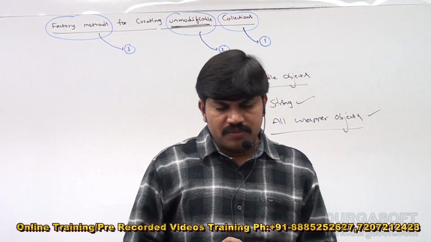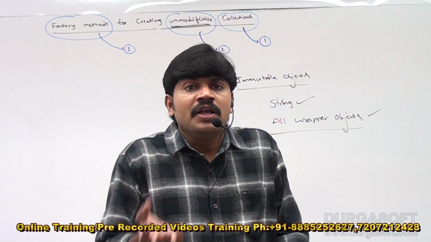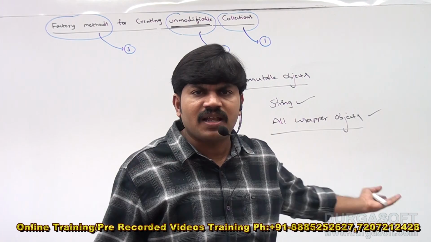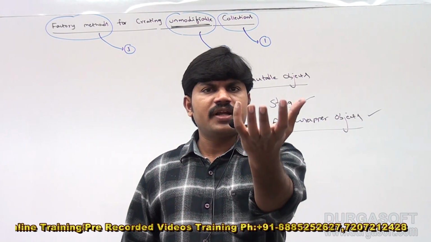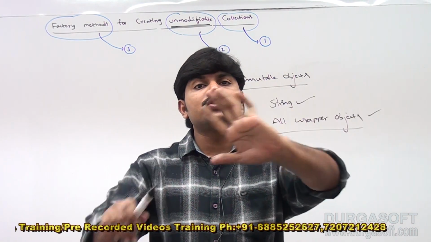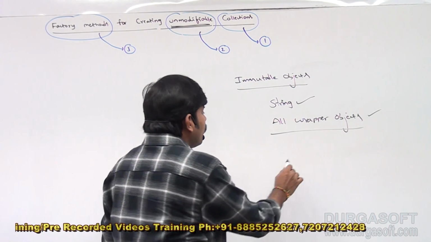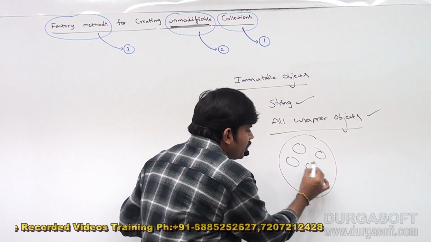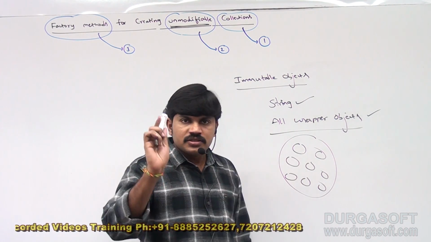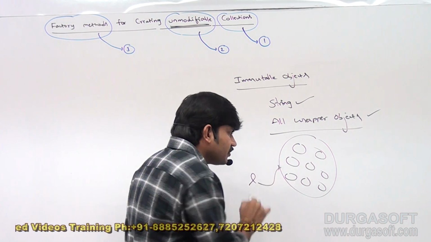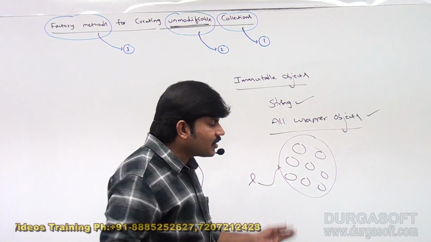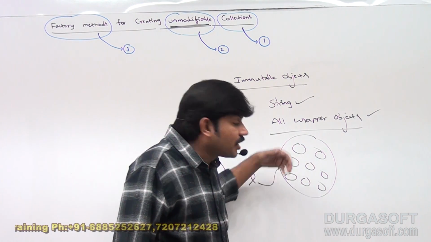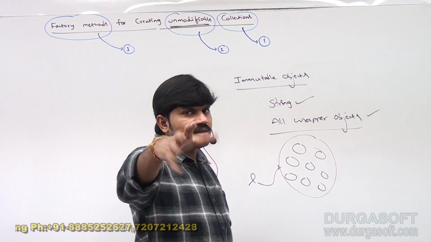Then immediately you ask, what is the need of having this immutable object? Up to this, is it clear what immutable objects are? Very simple, the name itself indicates, once you create an object, you are not allowed to change its content. Suppose I created one collection object. Assume that inside the collection there are multiple individual objects. Once you create this collection object, you can't add a new element, you can't remove an existing element, you can't replace an existing one, you can't change anything.